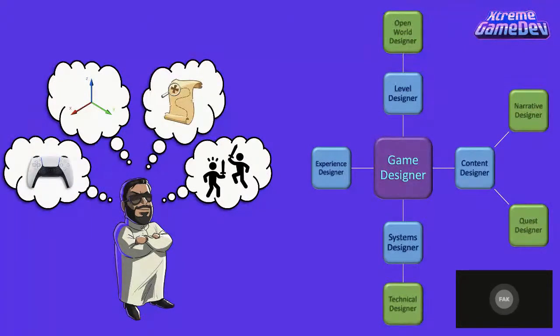Imagine there's a technical designer just in charge of the horse system. How does he move? How does he react? How does he hit? Does he die?